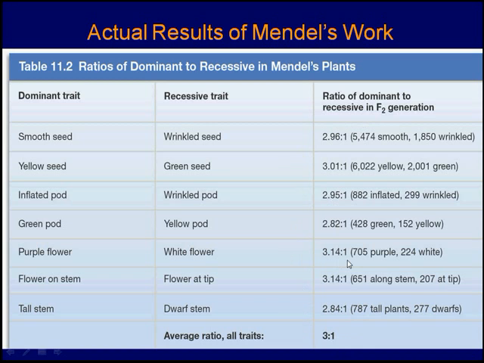That's as close as you can get to 3. So out of all these plants, out of all these crossings, you got 3-to-1 ratios. And so again, kind of making the point, this is where the laws come from. Laws can only come from lots of data. And so this is lots of data, and this is repeatable. You can do this over and over yourself, and you'll get the same data, 3-to-1 when you cross hybrids.